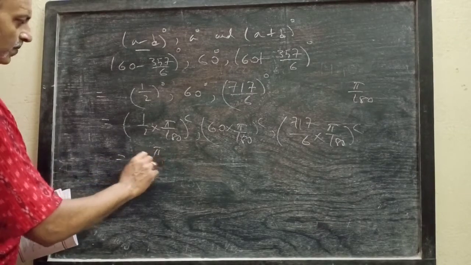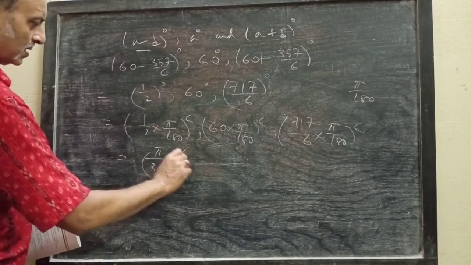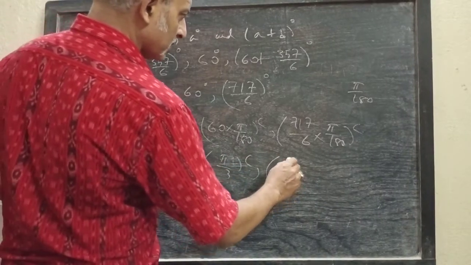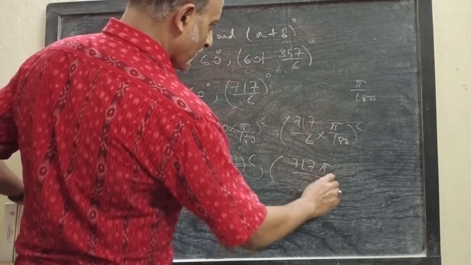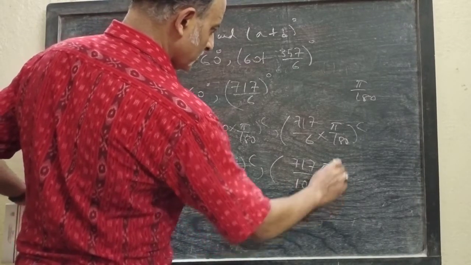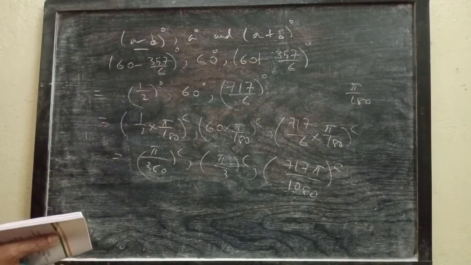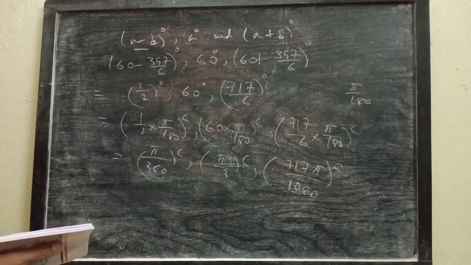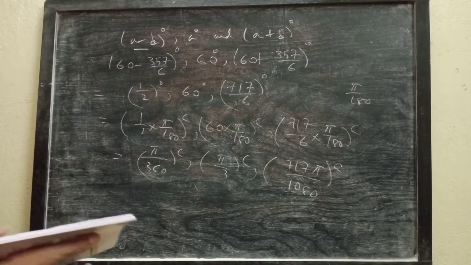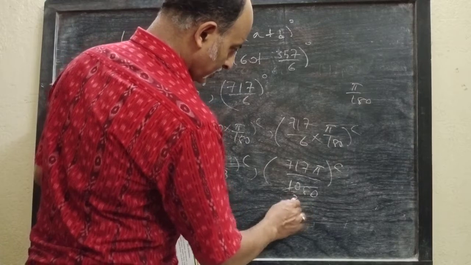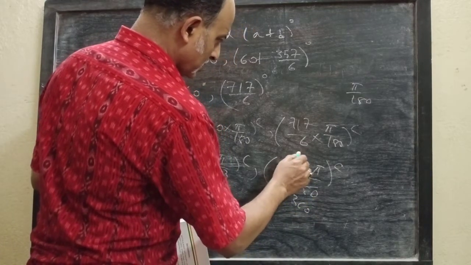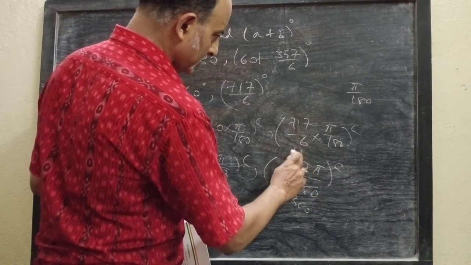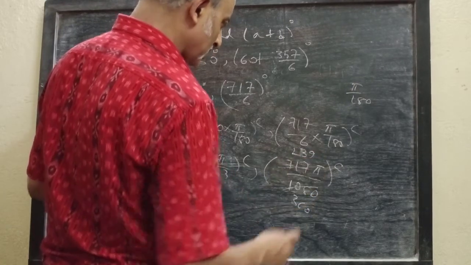So this will be pi by 360 radian, this is pi by 3 radian, and this is 717 pi by 1080 radian. This will be cancelled by 3, giving 239 by 360.